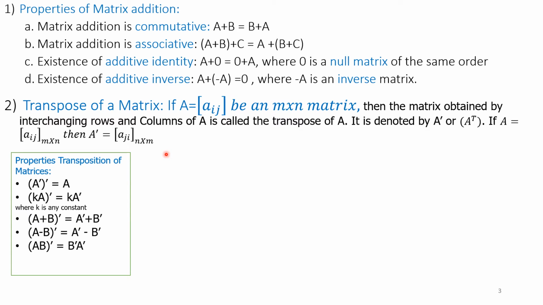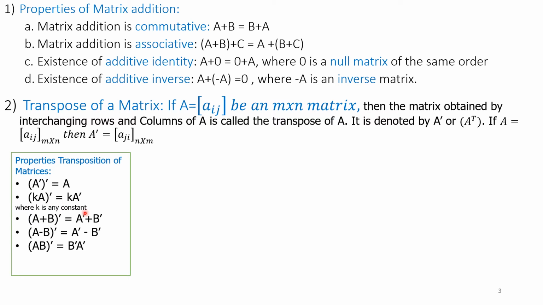So there are certain properties of transposition of matrices. If A is a given matrix and A dash is its transpose, then (A dash) dash is equal to A, and (kA) dash is equal to kA dash, where k is any constant or scalar.